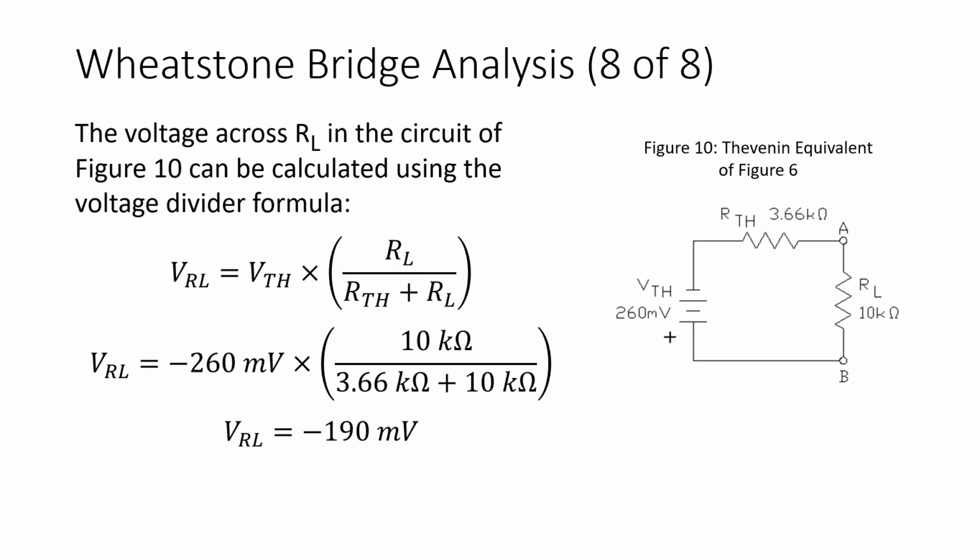And we can use the voltage divider equation to find the voltage across the load resistor, VTH times RL over RTH plus RL. Again, note the polarity of the voltage source VTH with respect to the terminals A and B: VTH is negative with respect to terminals A and B. So we calculate the load voltage, the voltage across RL, at negative 190 millivolts.